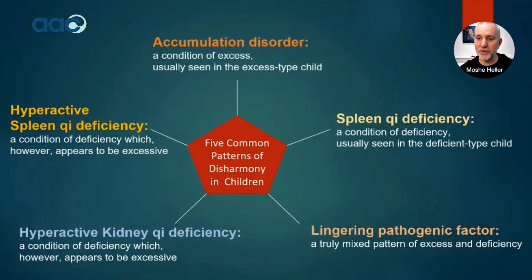The accumulation disorder classically, according to Julian Scott, belongs to an excess type. But I've seen a lot of accumulation disorder in my office in deficient patients, with this accumulation of dampness in particular manifesting as excess signs and symptoms.